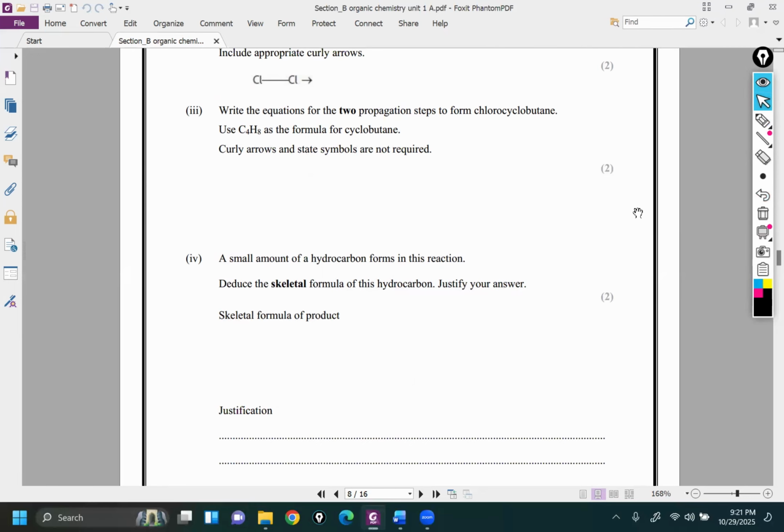In the next part, a small amount of hydrocarbon forms in this reaction. Deduce the skeletal formula of this hydrocarbon, justify your answer. Now, they are asking for the skeletal formula of the hydrocarbon. So this is cyclobutane, this is one, and this is another free radical. Both free radicals will join together, and we will get the hydrocarbon product.